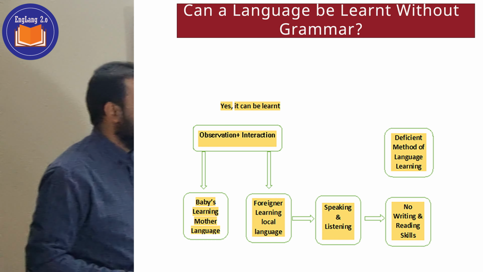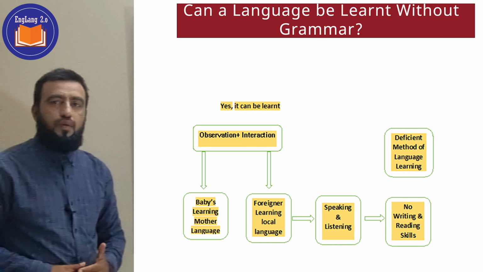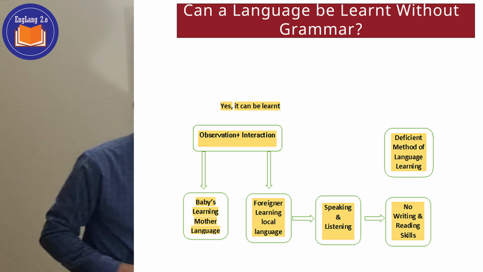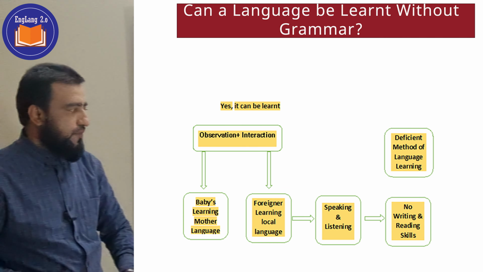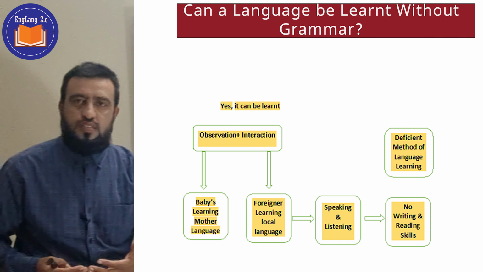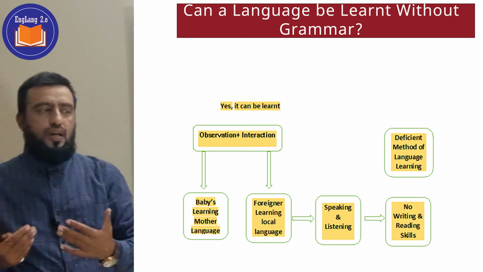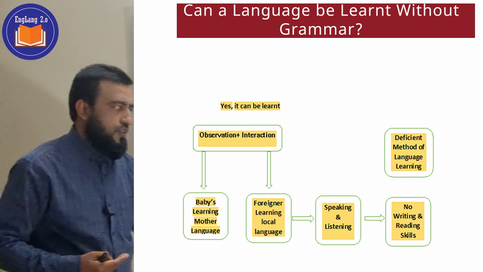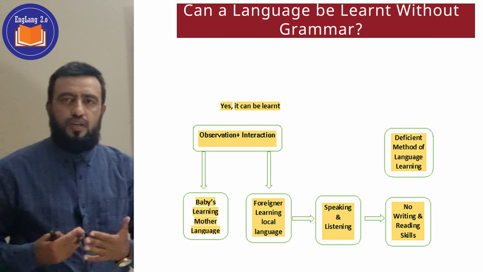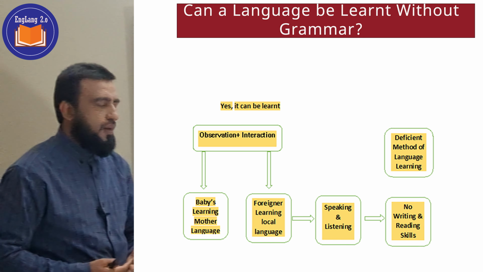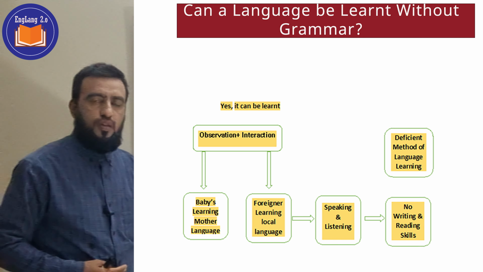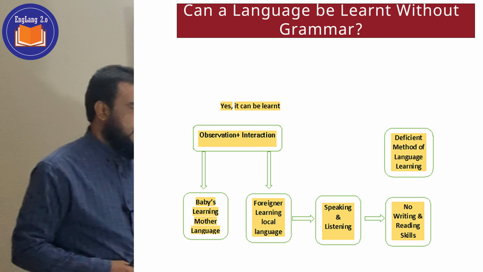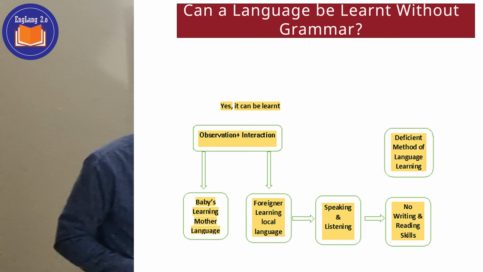So when we talk about learning the language without a grammar, we would call it a deficient method, a faulty method. Or you can say that person would learn that language without a grammar by 50%, right? Since an English language learner must be efficient in 4 skills: the listening power, the speaking power, the writing power, and the reading power.